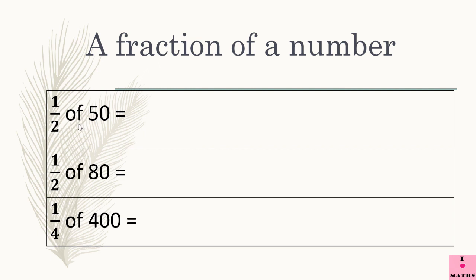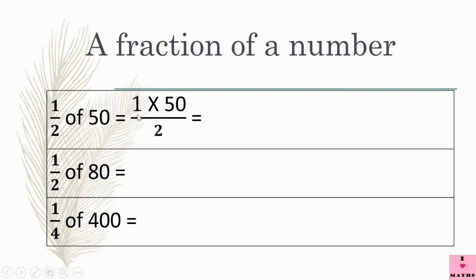Of means multiply. Half of 50 means half multiplied by 50, which is equal to 1 multiplied by 50 upon 2. Now 1 fifties are 50 upon 2.